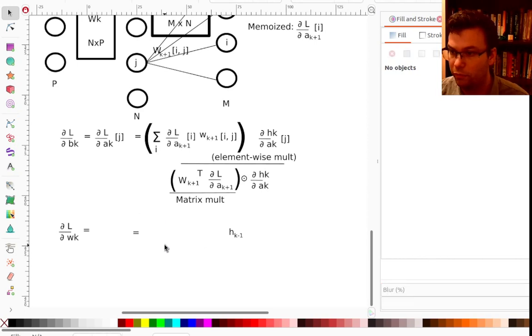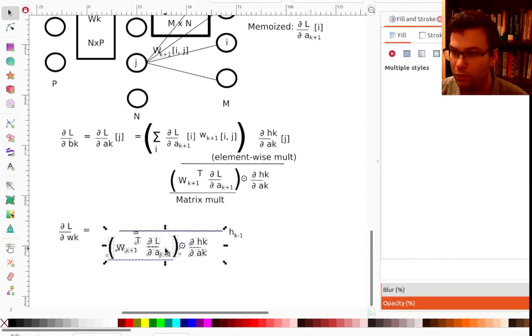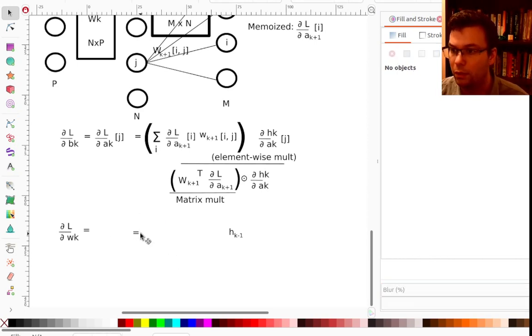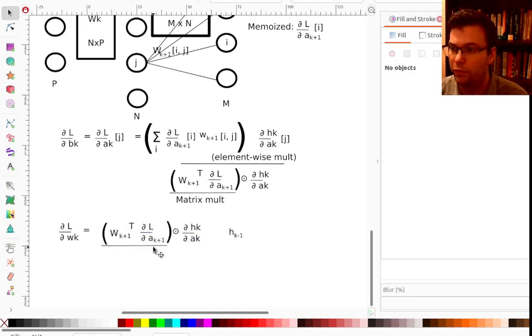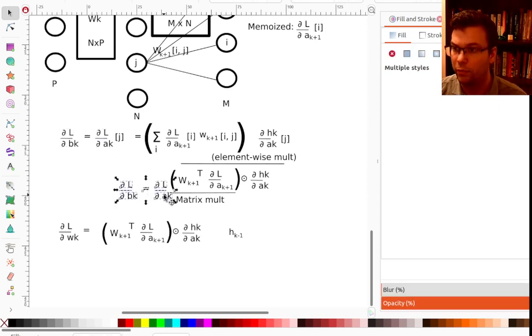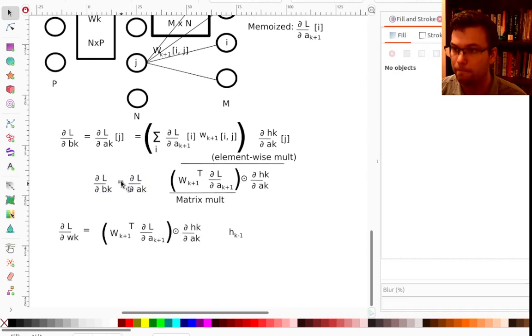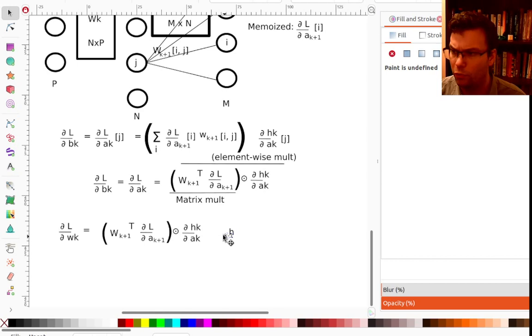Now we're looking for the derivative of L with respect to the weights at this layer. We've got the derivative with respect to the biases, and that's something we're going to remember for next time. But now we need the derivative of the loss function with respect to the weights. So there's one extra term here.